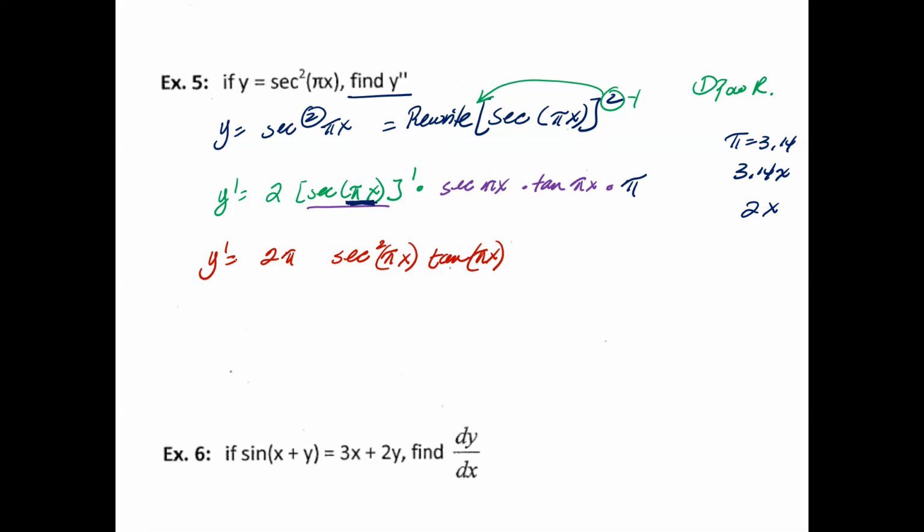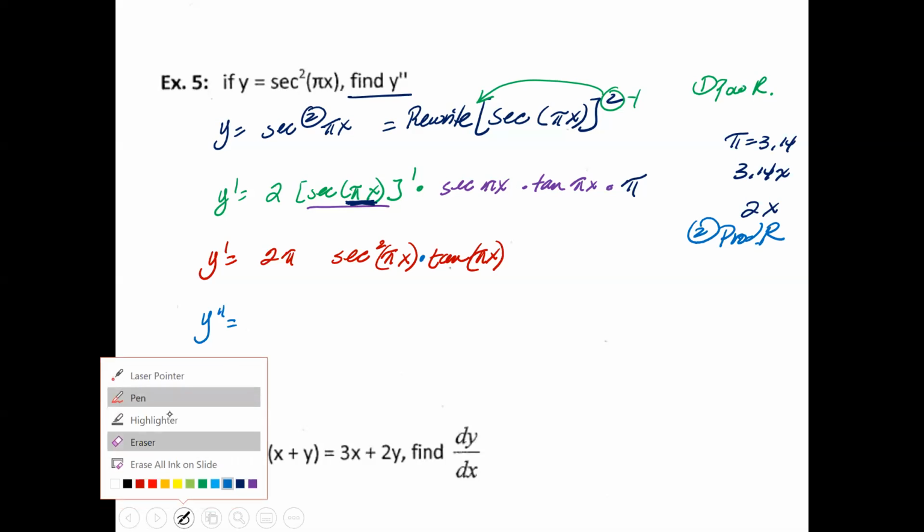Now, if we were to do the second derivative of this, you should see that this is a multiplication. So you will have to use the product rule.